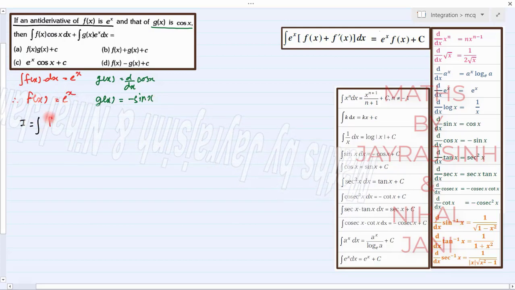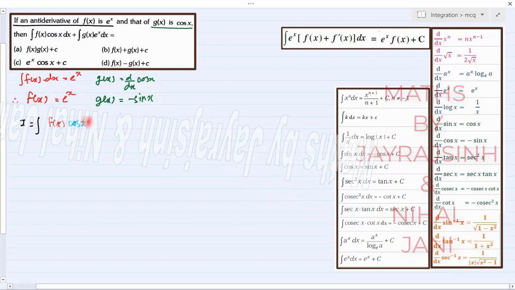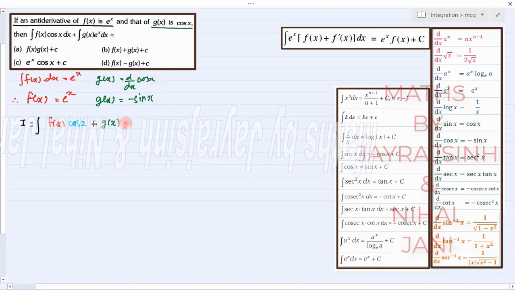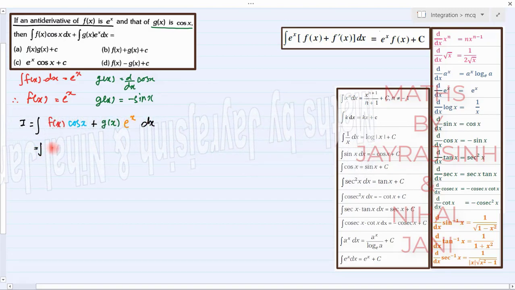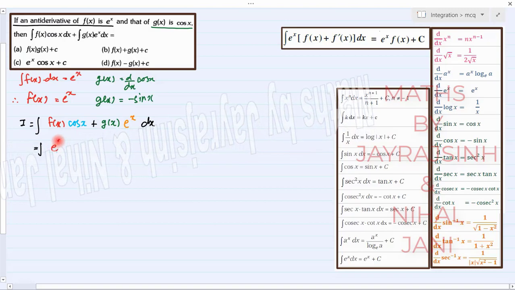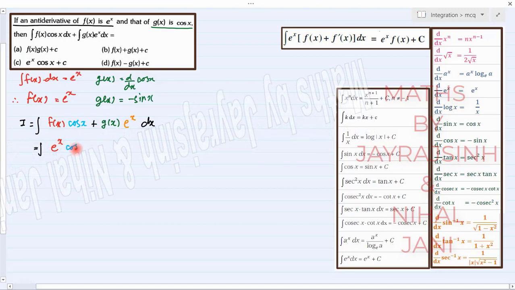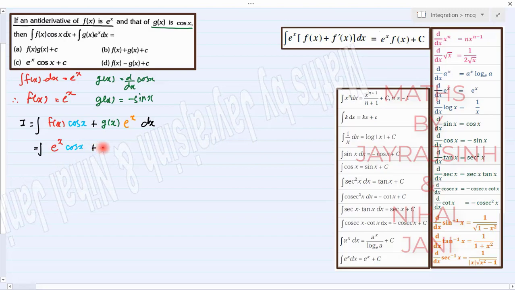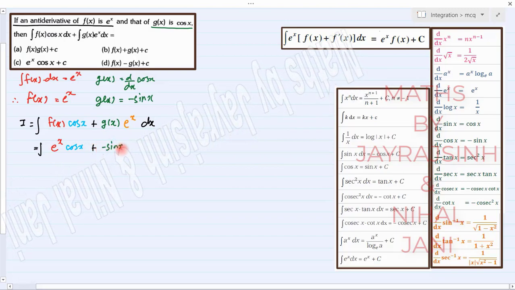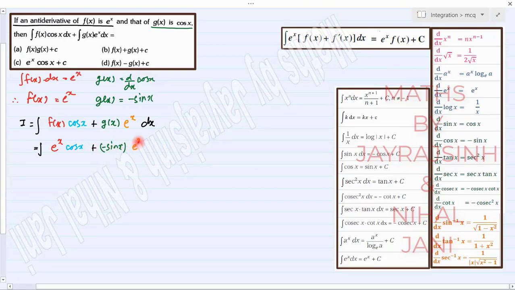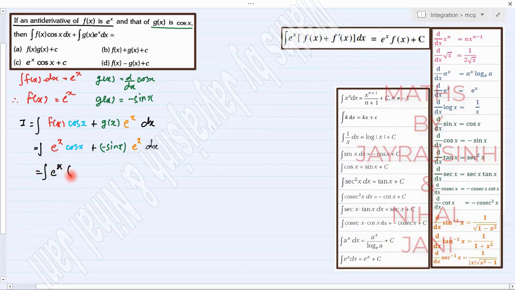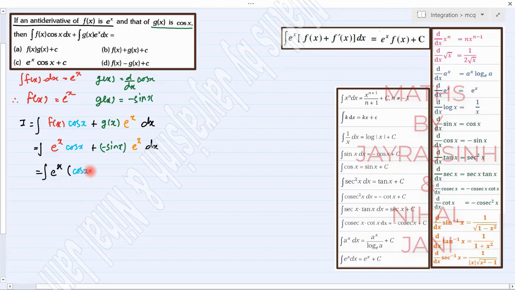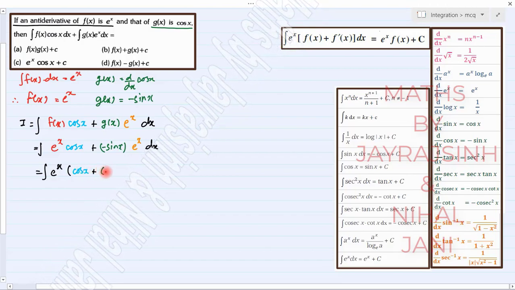Then we have to find out the integration of f of x cos x plus g of x e raised to x. Now just substitute the value of f of x and g of x. We will get e raised to x cos x plus minus sin x e raised to x. We can take e raised to x common. So we will get cos x plus minus sin x.